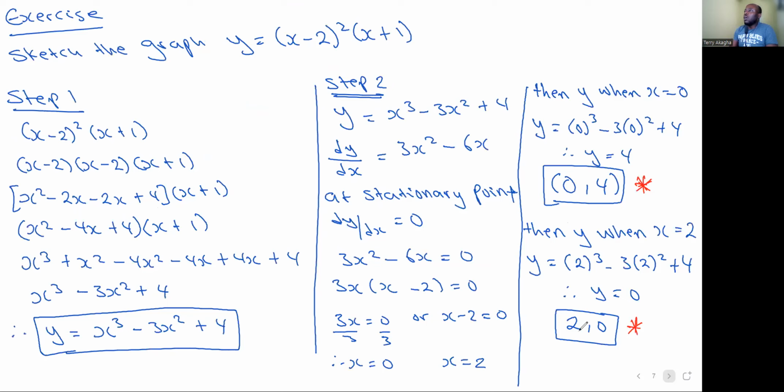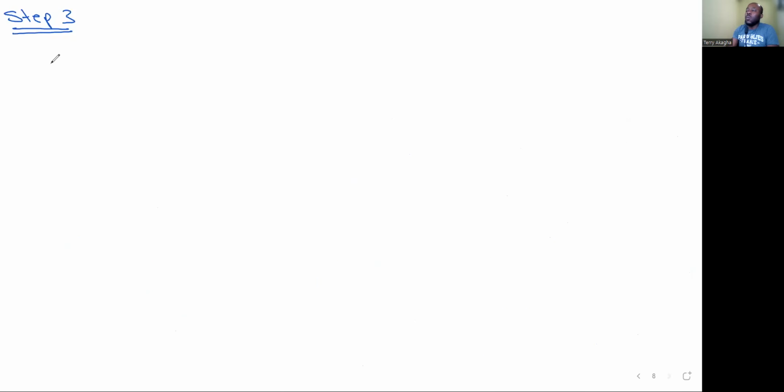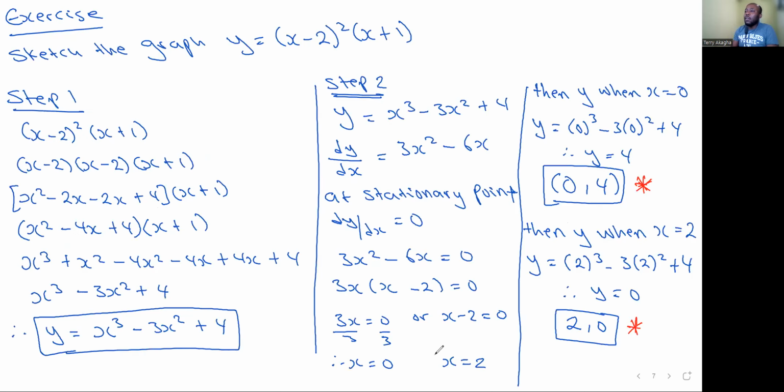For this one, the a we had was 1. Are you seeing it? So in this case, a is 1, which means a is greater than 0.